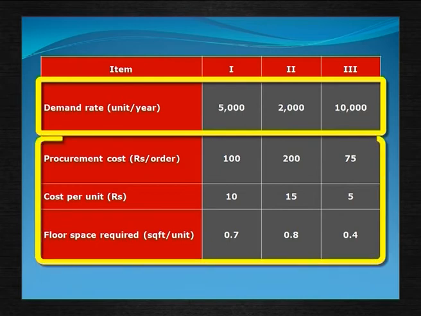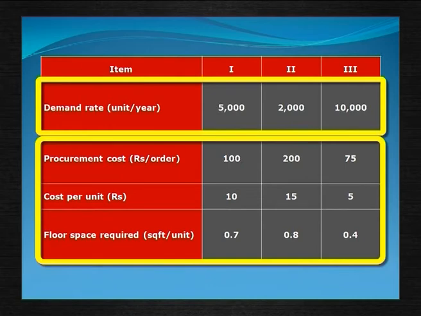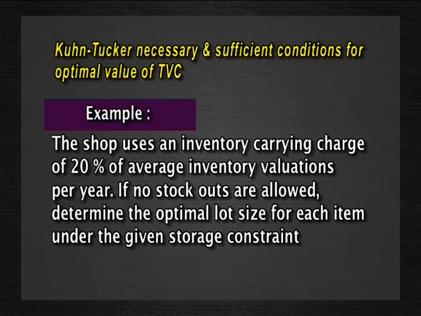The third, fourth and fifth rows indicate the procurement cost, cost per unit and floor space required for the 3 machine parts respectively. The shop uses an inventory carrying charge of 20% of average inventory valuation per year. If no stockouts are allowed, determine the optimal lot size for each item under the given storage constraint.